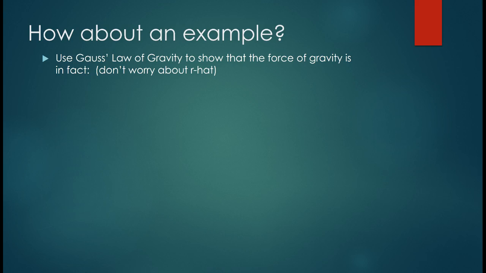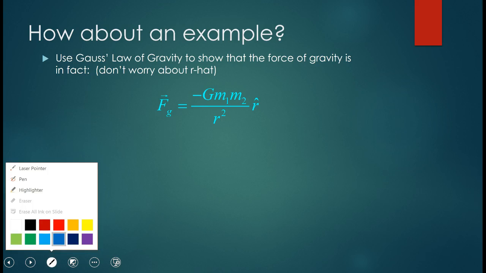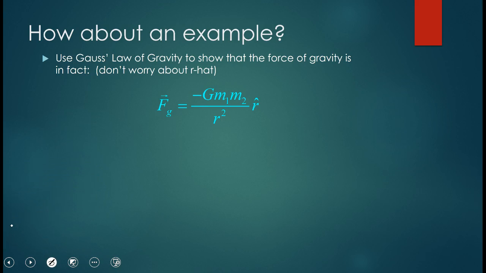Okay, so let's do an example. Let's use Gauss's law of gravity to show that the force of gravity is, in fact, negative G M1 M2 over r squared in the r hat direction. Okay, so let's do this. Let's take a planet here, M1, and another one M2. Okay, and let's draw what we call a Gaussian surface.